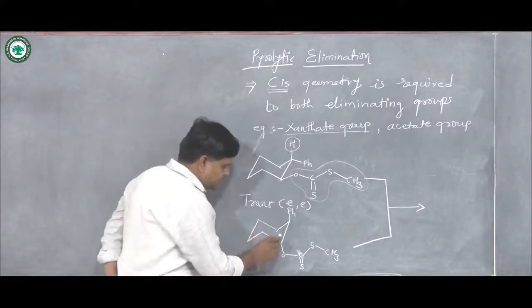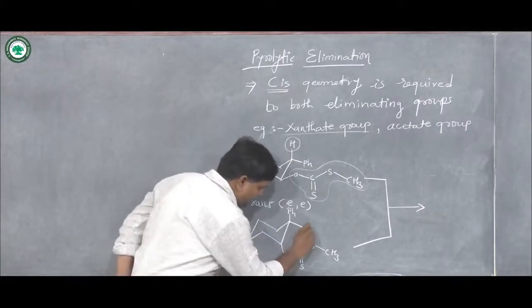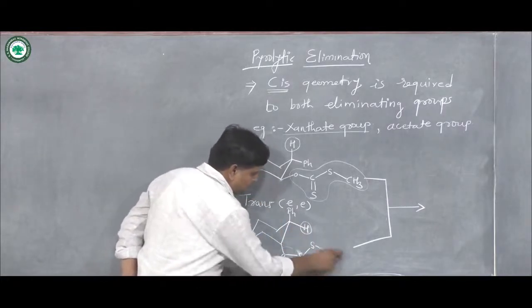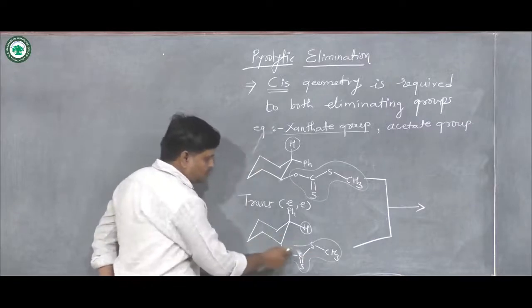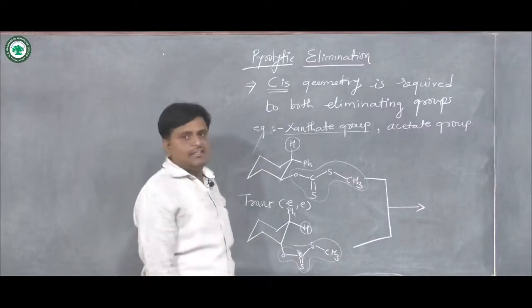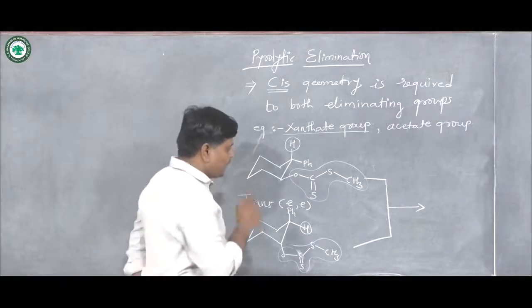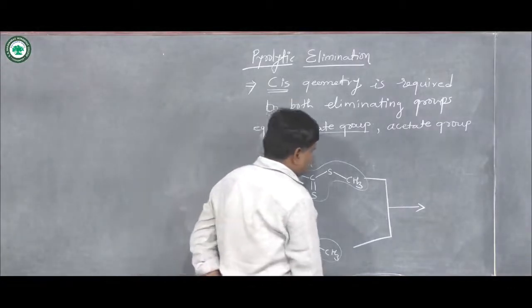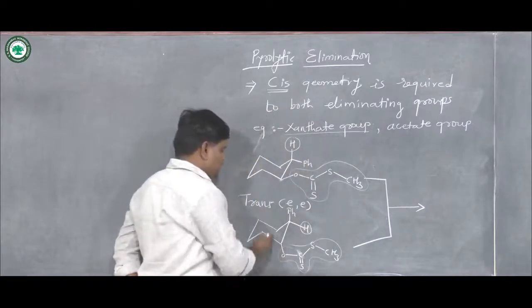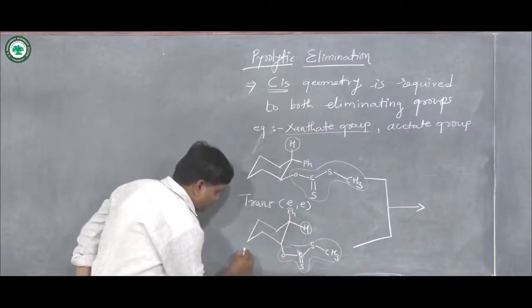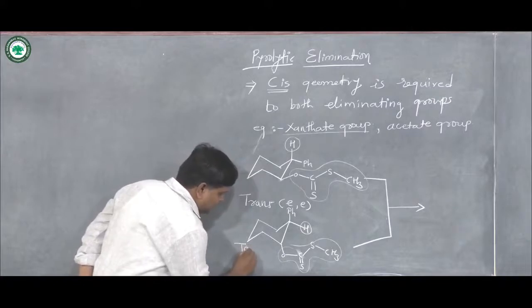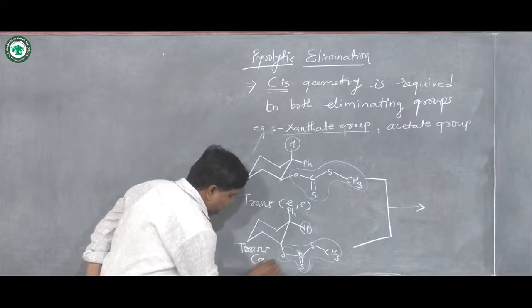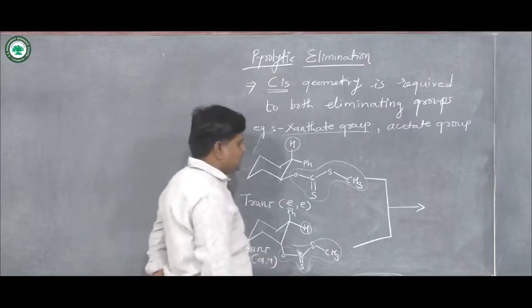In this case also, this is your eliminating group which is proton, and this is xanthate group, both having the same cis geometry. So elimination is possible, and we get a single product from both the conformers. So we write here this is trans axial, or we write trans diaxial.